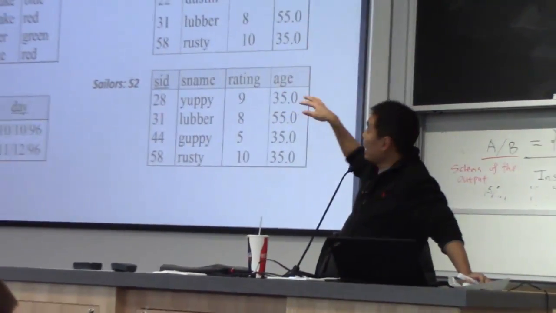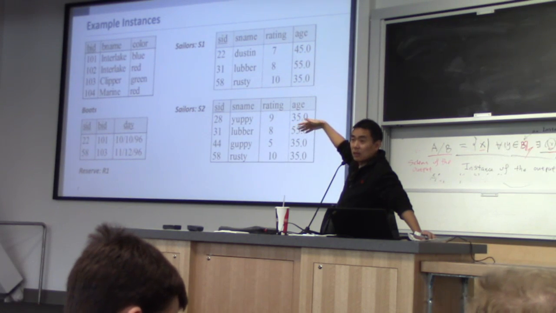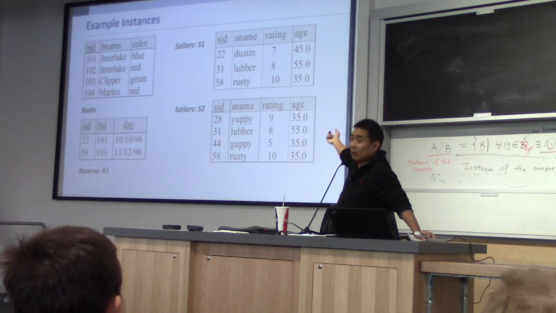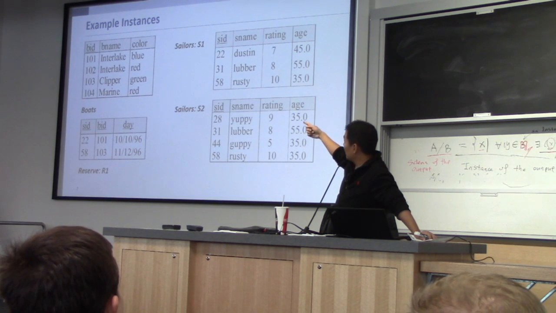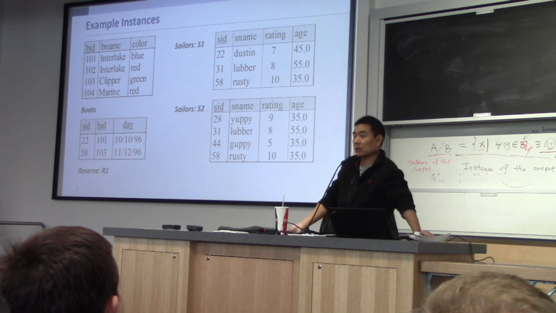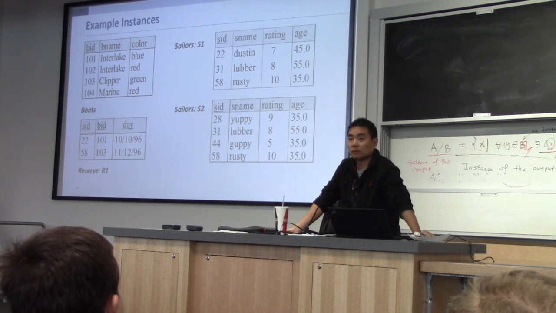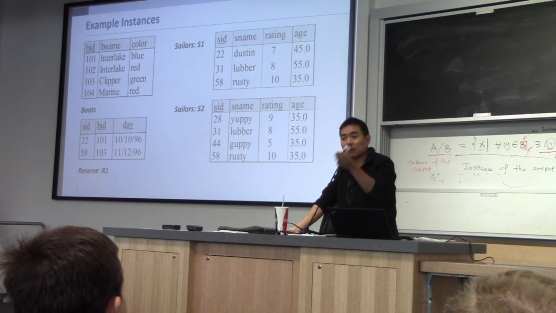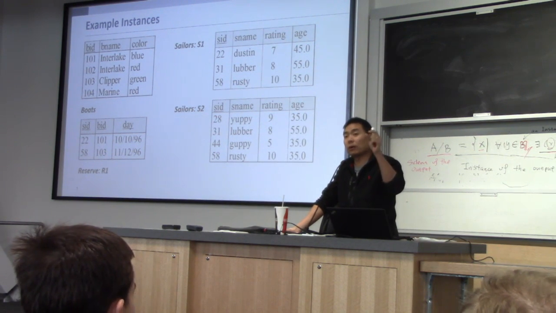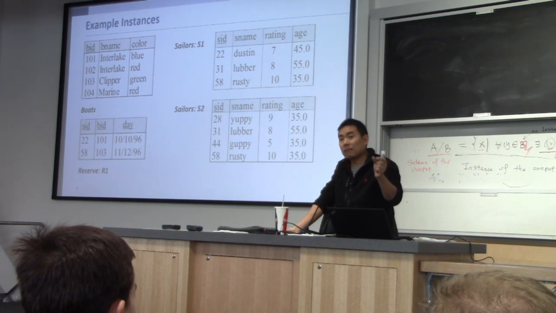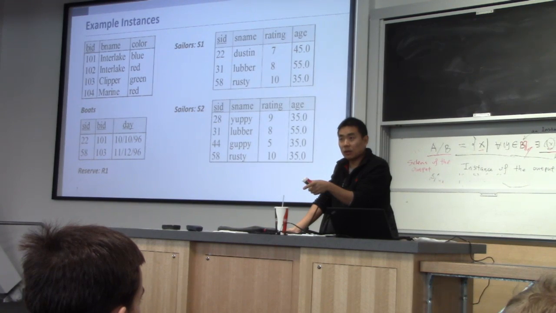Can you find any x such that x and all the attributes from boat are part of the sailors? No way, because sailor doesn't even have attributes boat ID, boat name, and color. How can you find such x, y from A? Impossible. Does that make sense? So all the attributes of B must be part of the attributes of A in order for this to work.